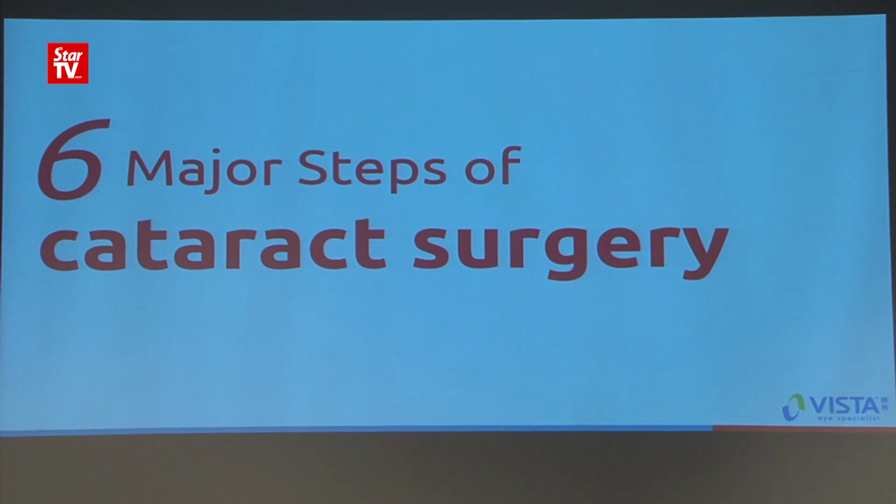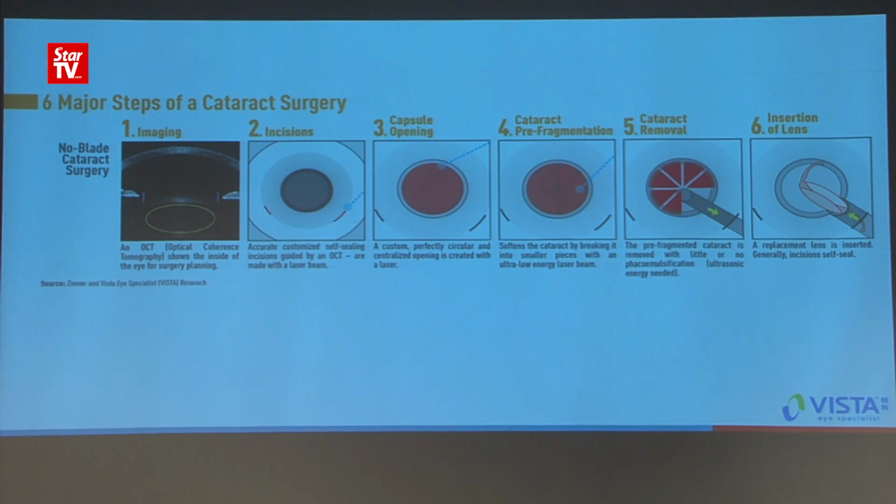There are actually six major steps involved. The first step is that the computer scans the eye. The second step is that the computer guides the laser, a femtosecond laser, to make the cuts on the cornea, instead of using the metallic blade to cut into the cornea.